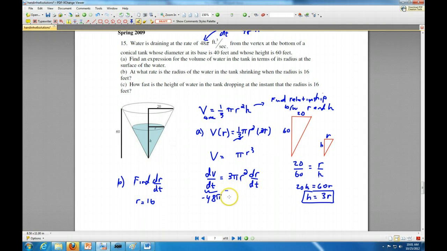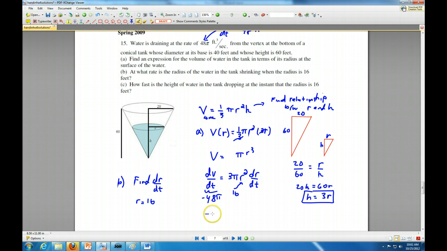Right in here we plug a 16 in, and we can figure out what dr/dt is.